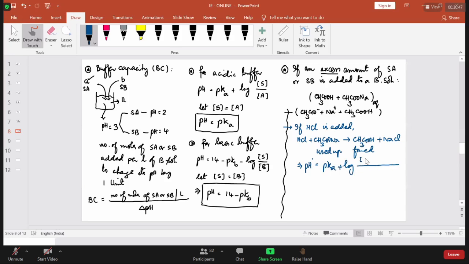The formula is concentration of salt by concentration of acid. No, no, sir. Because of the addition of an excess amount of HCl, the concentration of salt is decreased because it is used up. If HCl is added, how many moles added? A moles per liter added. Suppose. Then the concentration of salt is used up. As many moles of HCl, so many will be used up, minus A. And acetic acid is formed, plus A. Yes. This is the formula.